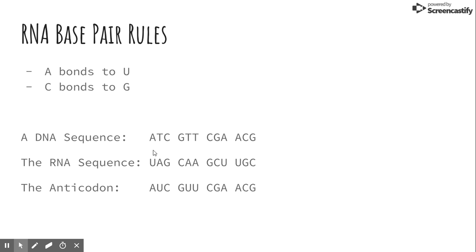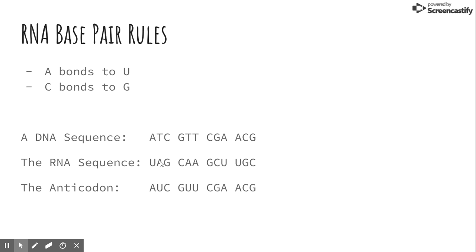We would put U bonding to A. So we're going to form a bond here between these two bases. Remember, A bonds to U. So anytime that we would see something like a T, we're going to have to use the letter U for uracil instead. So here the RNA sequence would be U bonding to the A.